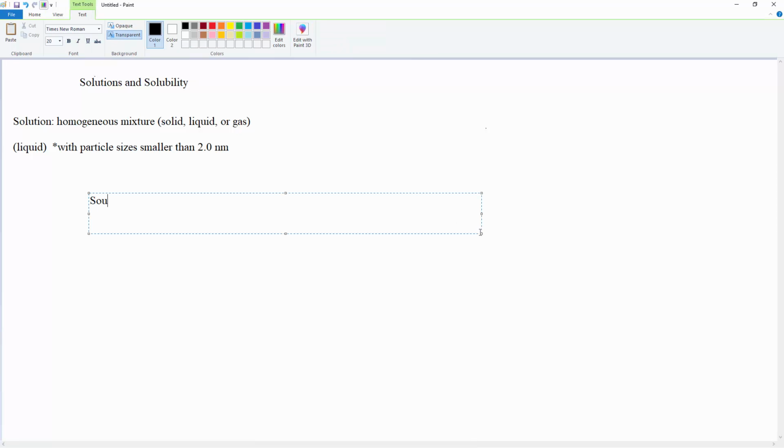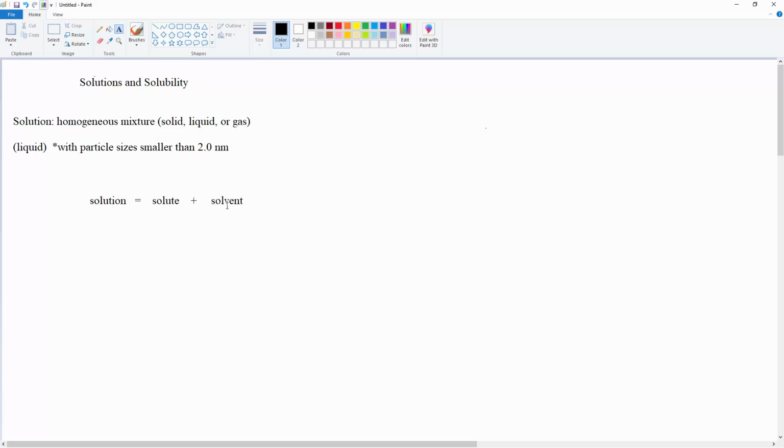A solution is a mixture that contains the solute plus the solvent. And roughly speaking, the solute is the thing that is being dissolved, and the solvent is the thing that is doing the dissolving.